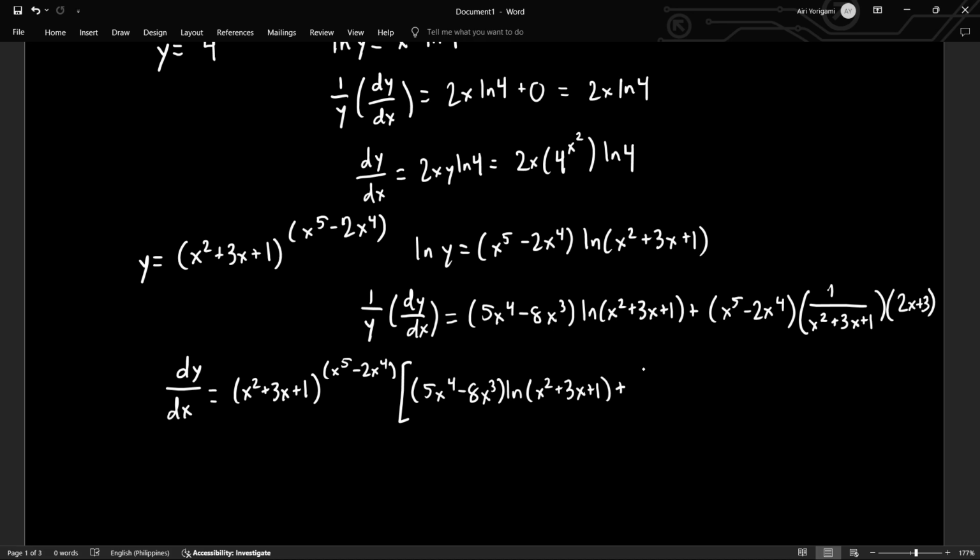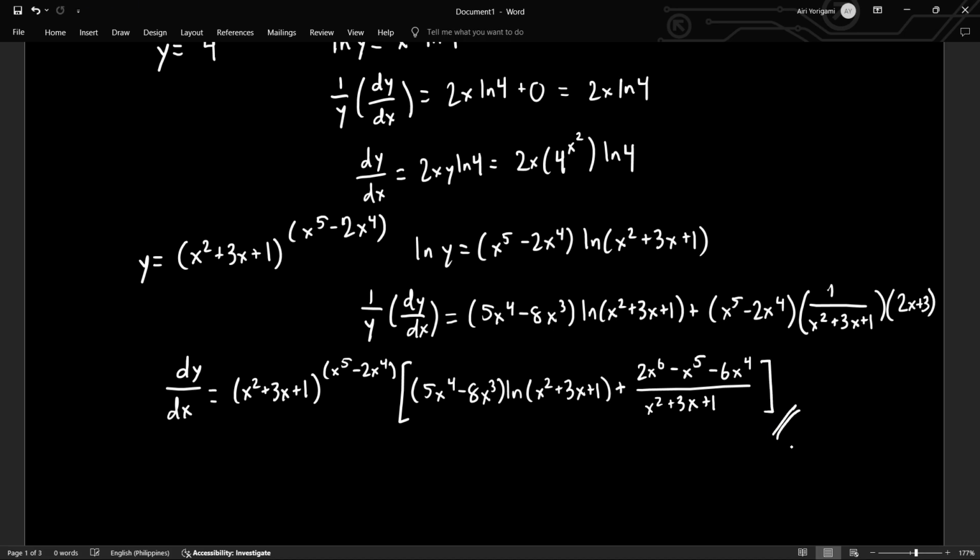This becomes 2x to the 6th minus 2x to the 5th plus 3x to the 5th. Oh, sorry, minus 4x to the 5th plus 3x to the 5th. That becomes minus x to the 5th, then minus 6x to the 4th, all over x squared plus 3x plus 1.